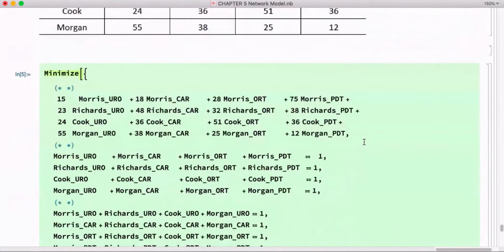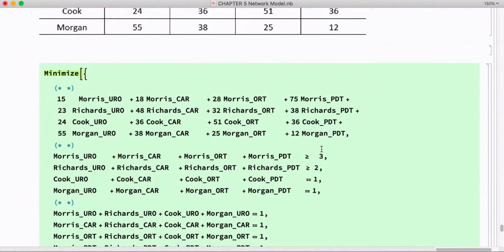And if you have that case, you may say that Morris can go to at least 3 departments. And Richard can go to 2 departments.